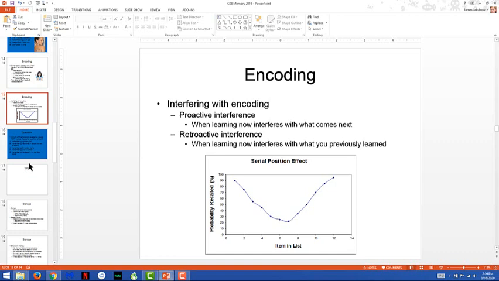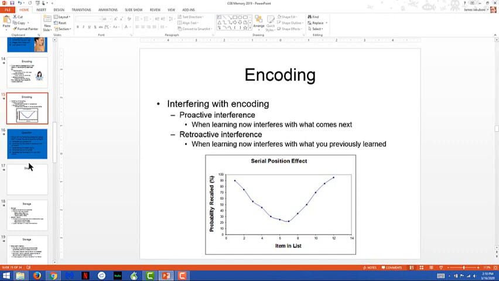The process of memory can become fairly complicated, and we can't hit all of the complexity of memory in a general psychology course, but to give you an idea of some of the processes that have a fairly substantial influence on your ability to remember things, there are two aspects of interference called proactive interference and retroactive interference.